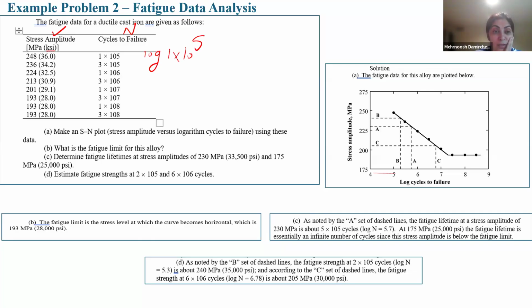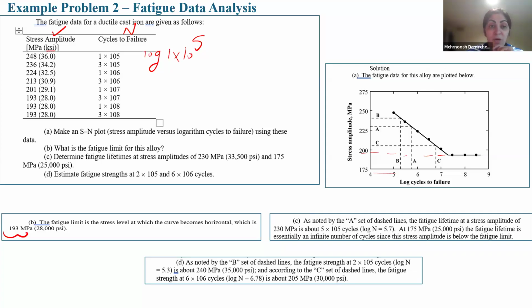Make an S-N plot, stress amplitude versus logarithm of cycles to failure, using this data. What is the fatigue limit for this alloy? The fatigue limit is exactly where the curve becomes horizontal, this point. We come here and read the amount, and you see it is 193 megapascals.